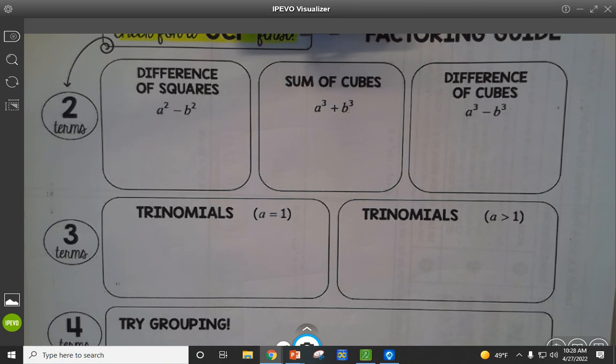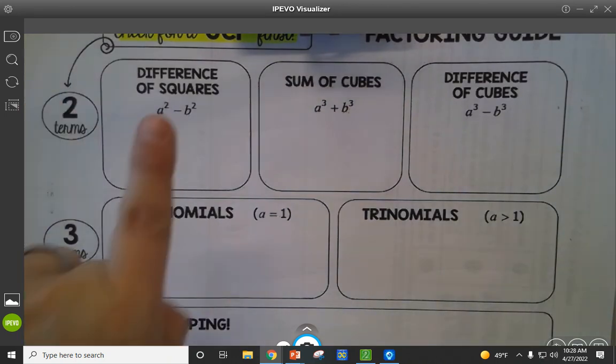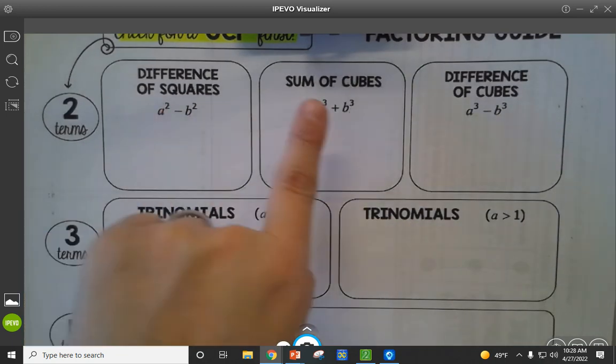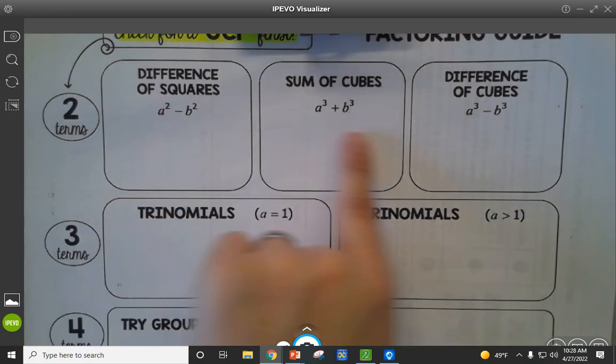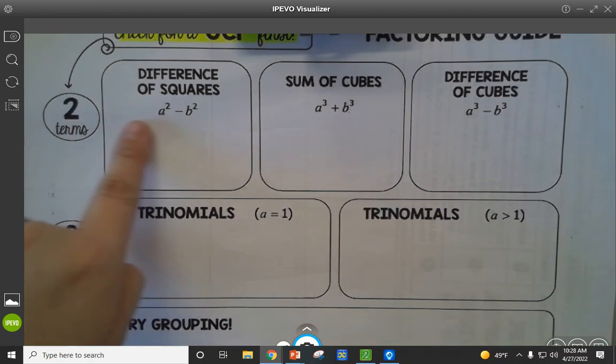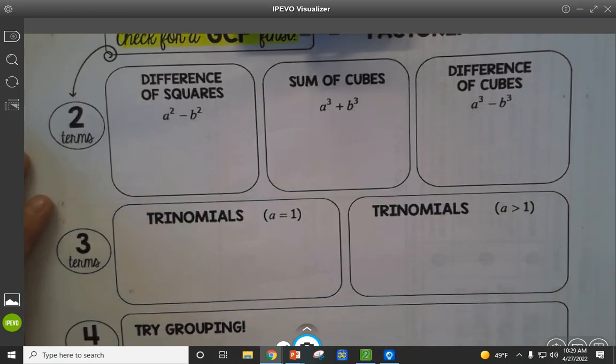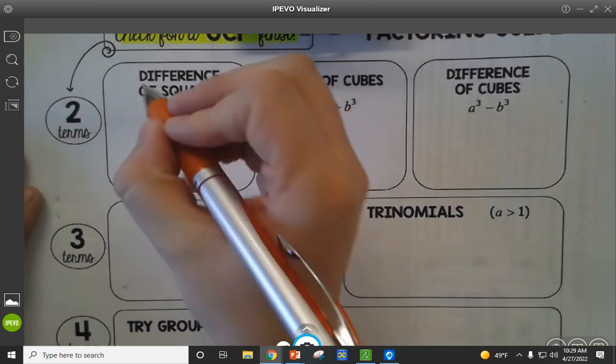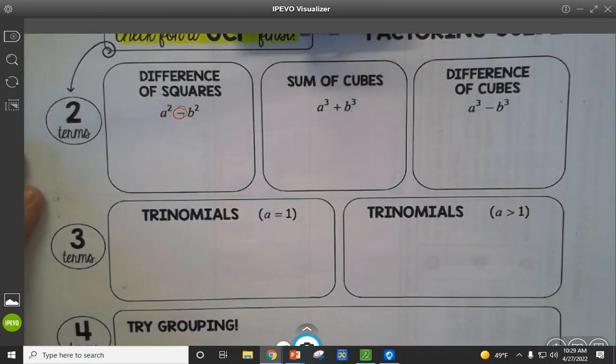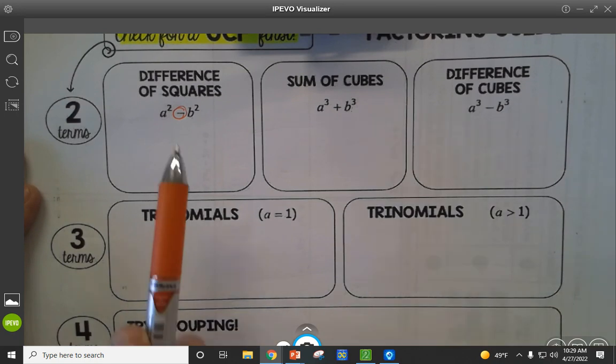All right. Now, once you've checked for a GCF, your next step is to look at how many terms there are. If there are 2 terms, that means we're going to use one of these 3 methods that we learned in this lesson. The first one is difference of squares. That's when you have a subtraction sign. That's important. It has to be subtraction.